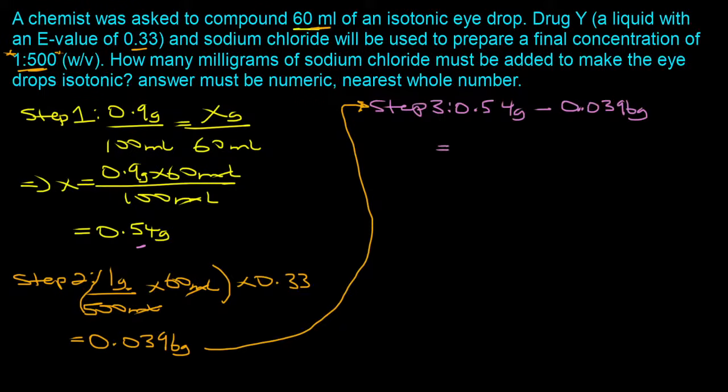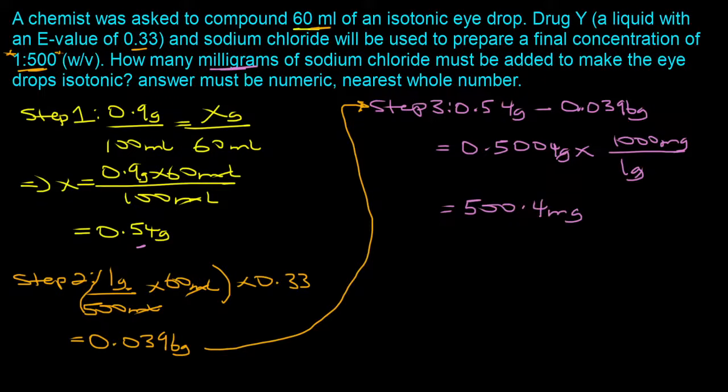And this is actually equal to 0.5004 grams. But notice the question says how many milligrams. So we do want to do a quick conversion. Using the conversion factor, 1 gram is 1,000 milligrams. The grams cancel out, and we end up with 500.4 milligrams. But the question says round to the nearest whole number actually. So that will be 500 milligrams.